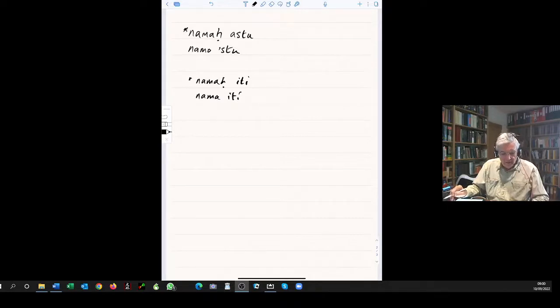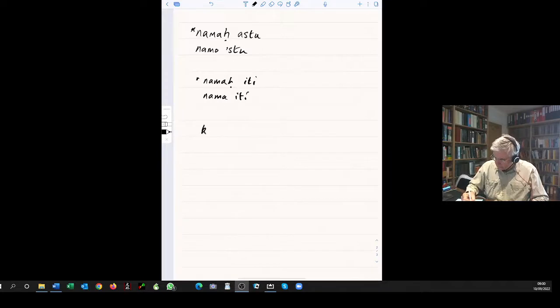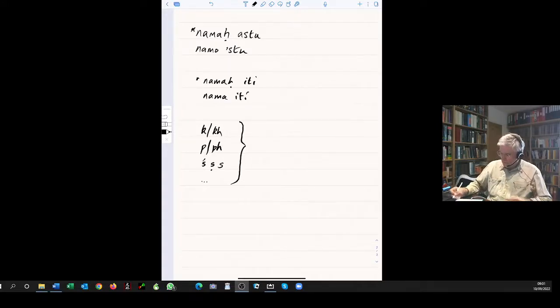If the following consonant is a k or kh or p or ph, or another of the sibilants, a sh or a sh or a s, any of those, or if it's the end of line, all of those, the final visarga, sorry, visarga is always a final, the visarga remains.